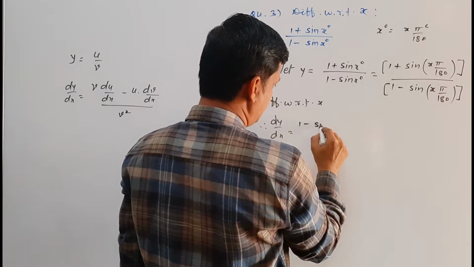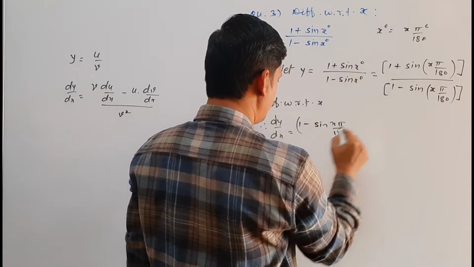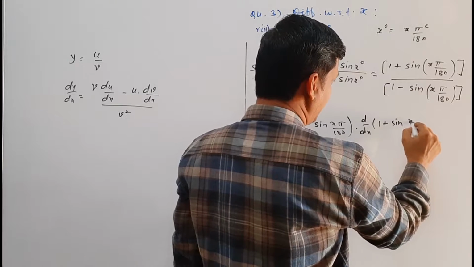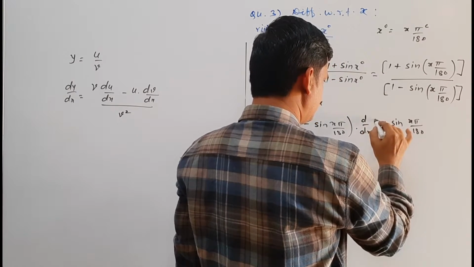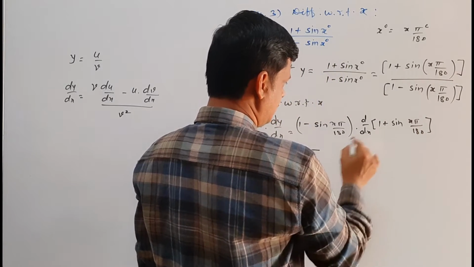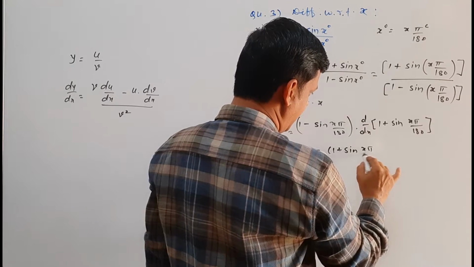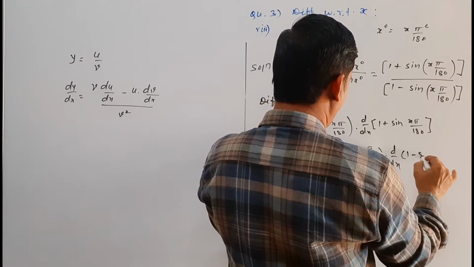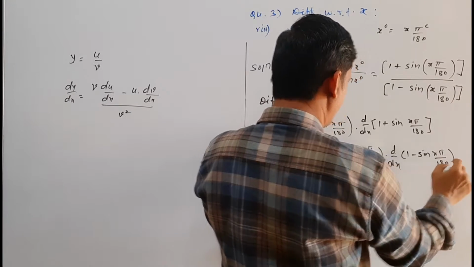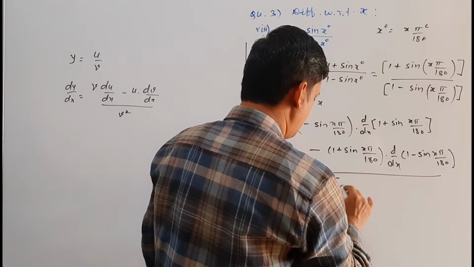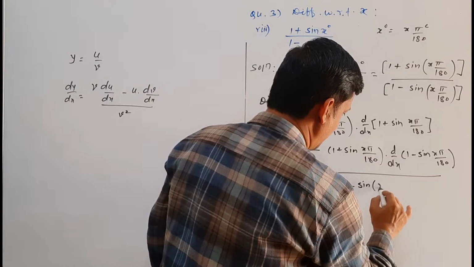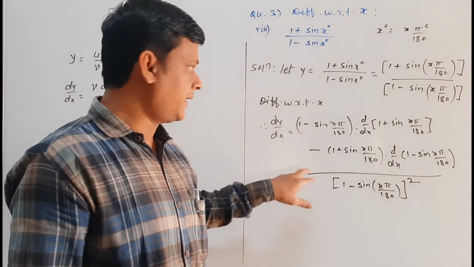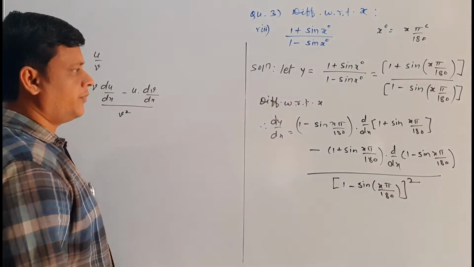So we write 1 minus sin x pi by 180 into derivative of u, that is derivative of this numerator 1 plus sin x pi by 180, then minus 1 plus sin x pi by 180 into derivative of v, that is derivative of denominator 1 minus sin x pi by 180, upon v square, that is square of denominator 1 minus sin x pi by 180, its bracket square.